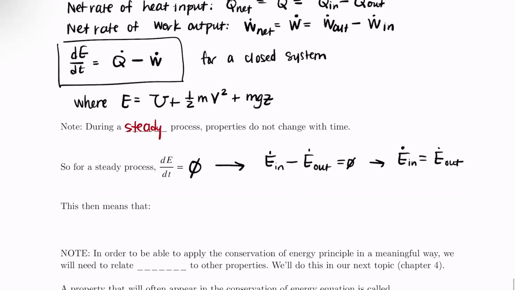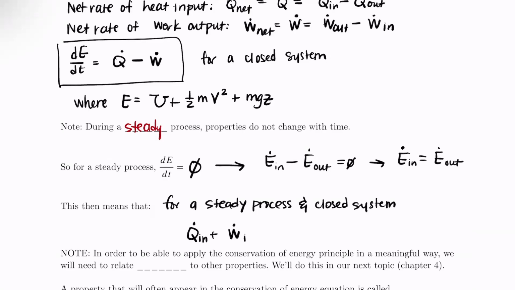All right, so for a steady process and a closed system, we have that Q dot in plus W dot in is equal to Q dot out plus W dot out. Make sense?